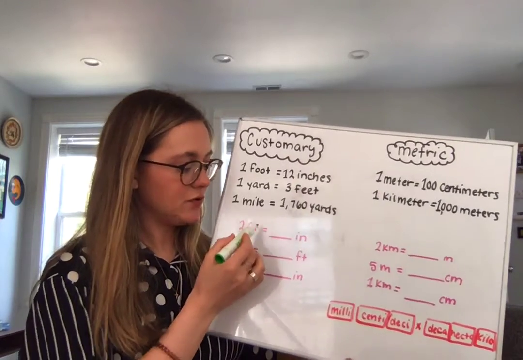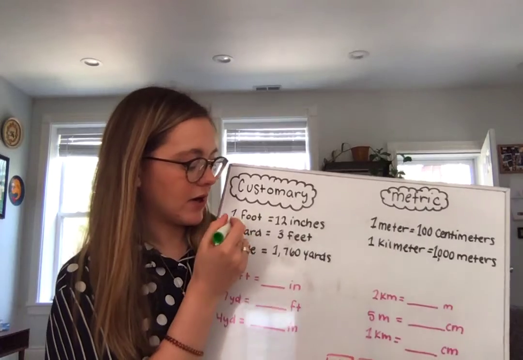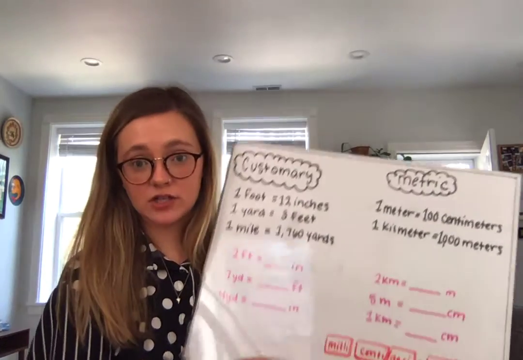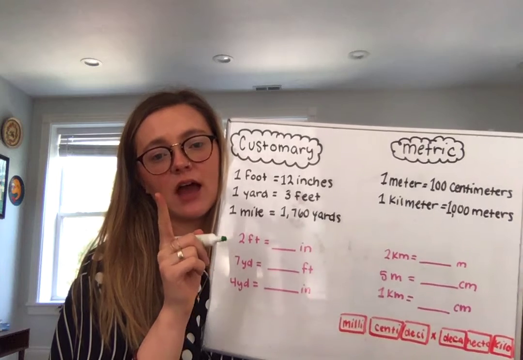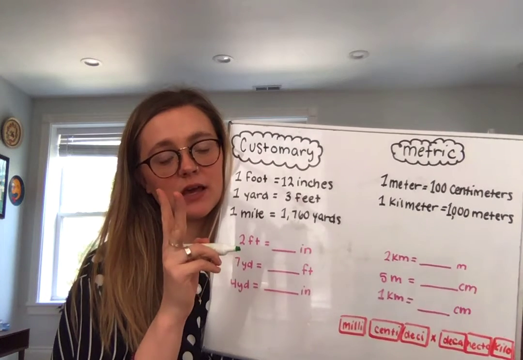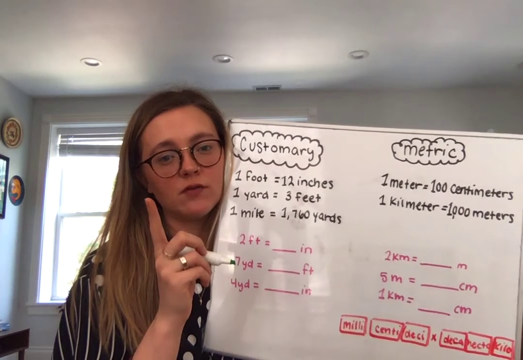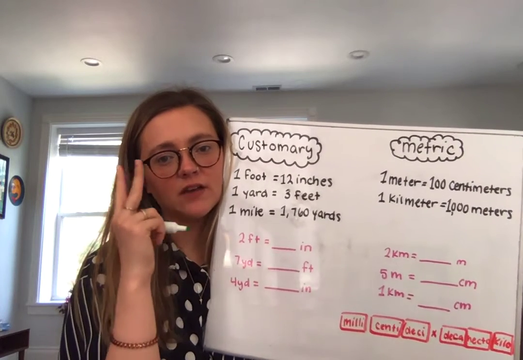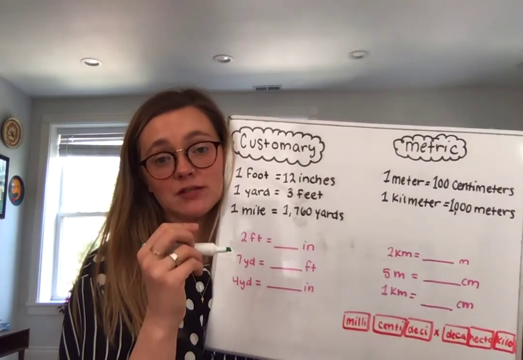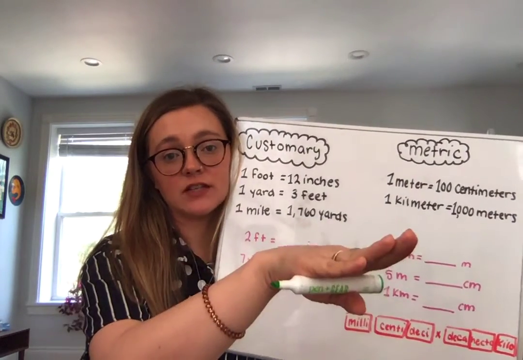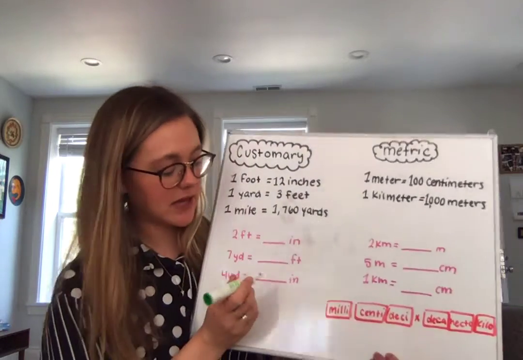Let's start with the first one. It says 2 feet is equal to how many inches? I know 1 foot is 12 inches. So if 1 foot is 12, how am I going to figure out 2 feet? I'm going to multiply, because I'm going to have 1 foot that's 12, the other foot that's 12, and repeated addition is multiplication.